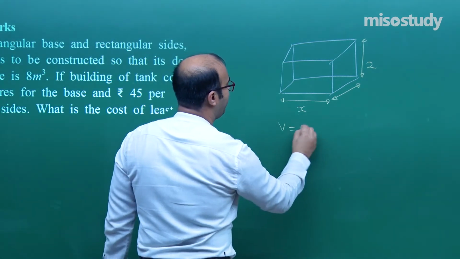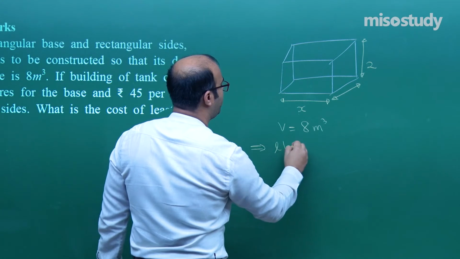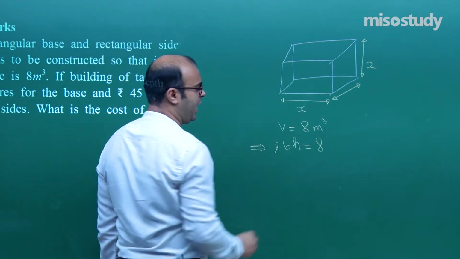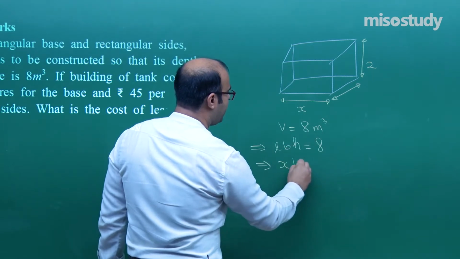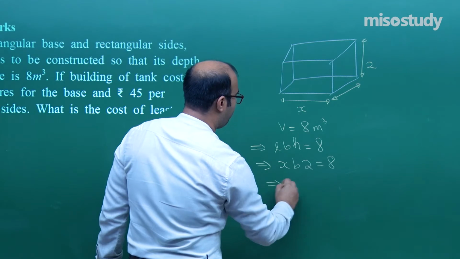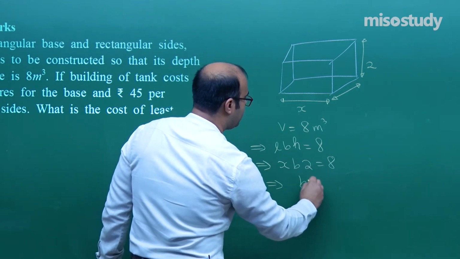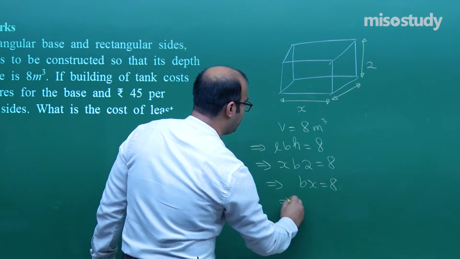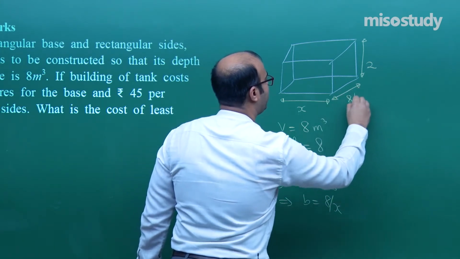The volume is given 8 meter cube, and volume is always equal to length into breadth into height of the cuboidal tank. Length is x, breadth we don't know, height is 2, this is 8. So can we say that bx is equal to 8, or we can say the breadth is equal to 8 by x.